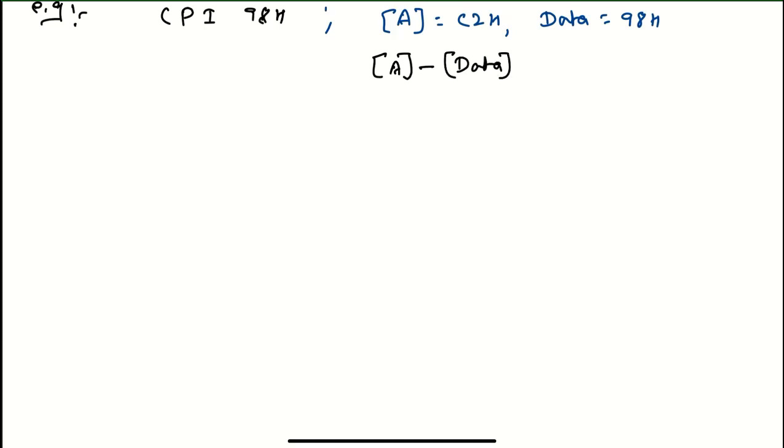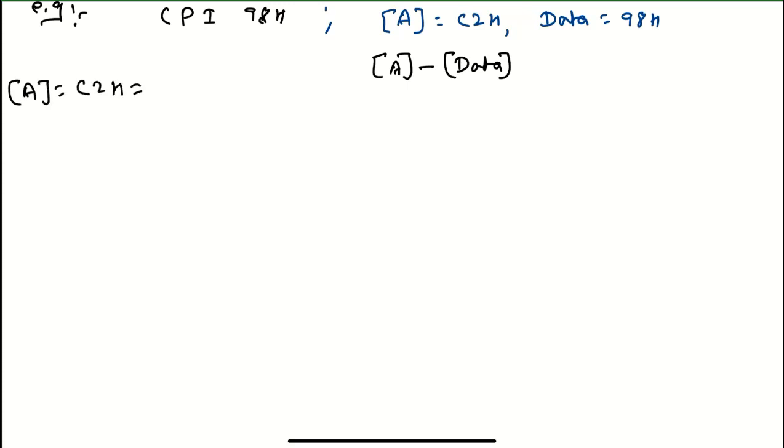The accumulator content before execution of this instruction I'm taking as C2H, and the 8-bit immediate data as part of this instruction I have taken as 98H. So the operation to perform is that this data will be subtracted from the accumulator content, and as per the result it will be reflected over the flags. Here A is equal to C2H.